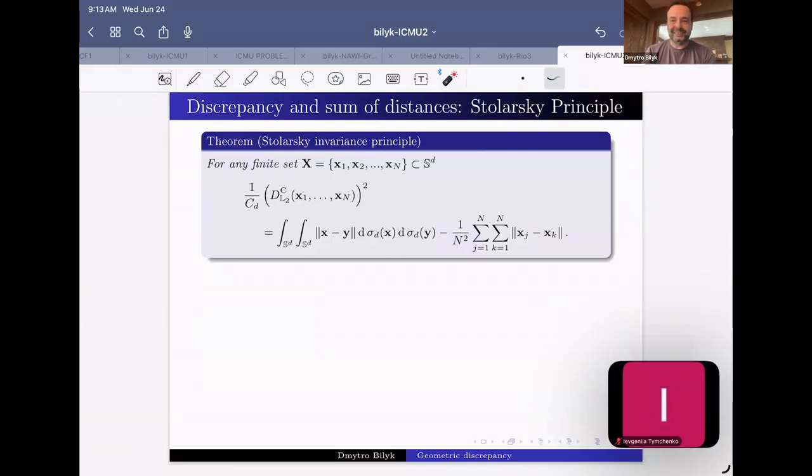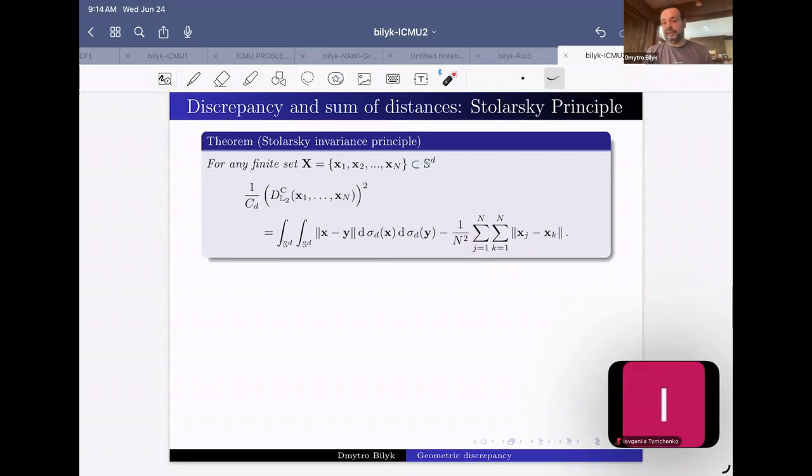He said, no, it can't be an identity. So I actually had to give him a proof and show that it is an identity. This identity relates two different objects, the L2 spherical cap discrepancy that we just discussed, and the sum of distances between points.